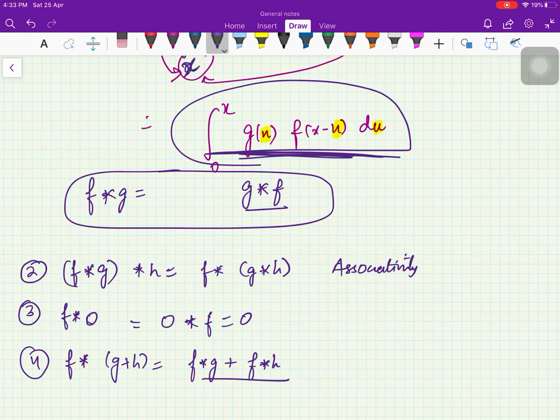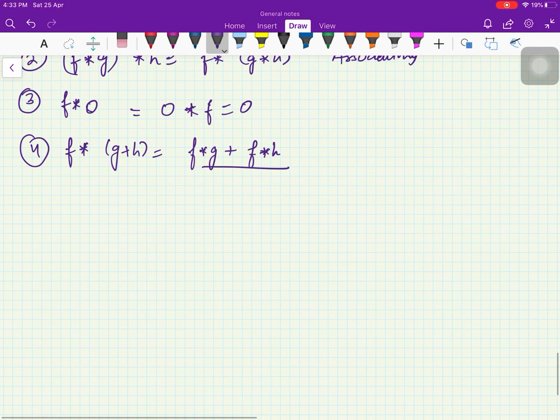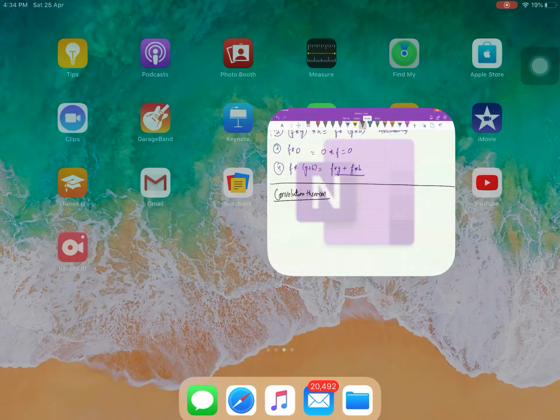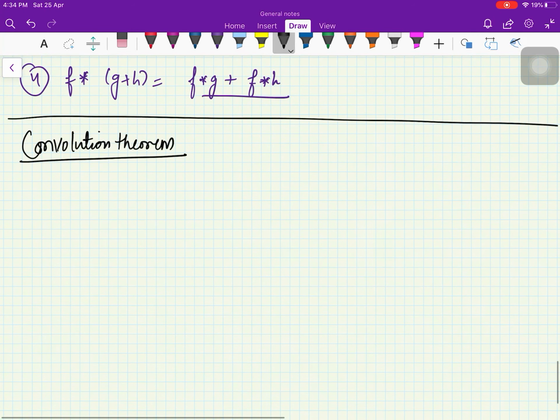So now is the time to write the statement of the convolution theorem, in the context of Laplace transformation. Let me write down the statement for the convolution theorem, and in the next video I am going to prove it. I'll just write the statement now.